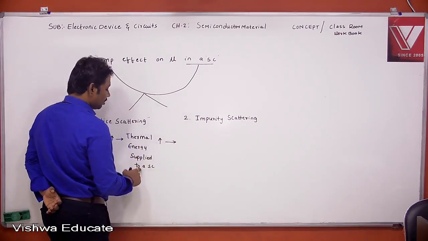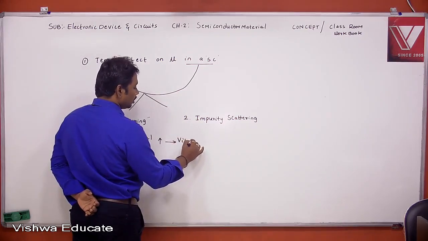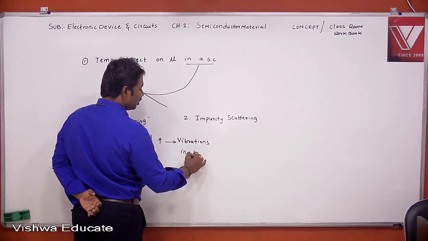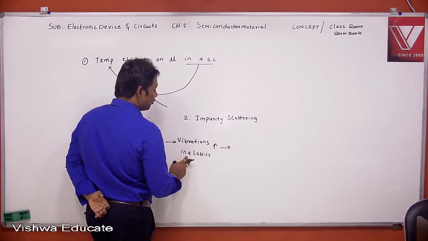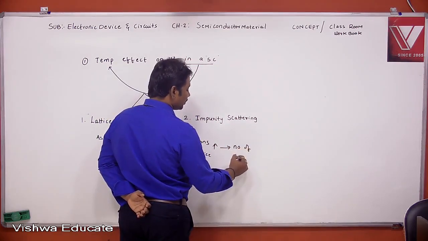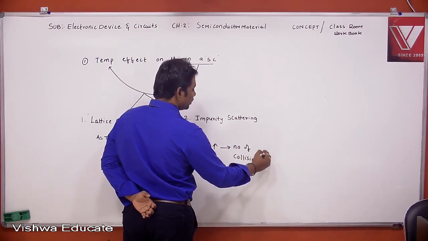If thermal energy supplied increases, what about the vibrations in a lattice? Vibrations in a lattice increase. If vibrations in a lattice increase, what about number of collisions? Number of collisions also increases.